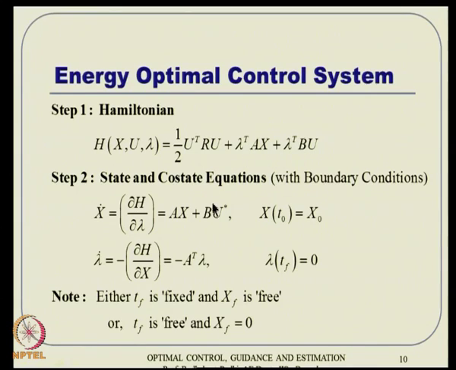Now, the state and co-state equations are like this: x dot is del H by del lambda, so again the same state equation appears with the optimal control there, and lambda dot is minus del H by del x, which is equal to minus A transpose lambda. Boundary conditions: x of t naught is x naught and lambda of tf equal to 0.